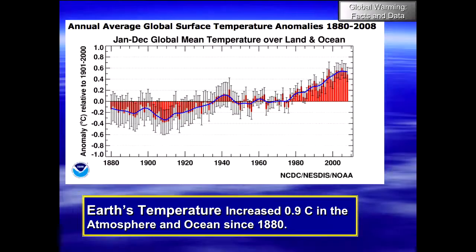It goes up and down, and rising a little more, and rising some more, and in the last 30 years has risen quite a bit. And you can see that by comparing today to the 1800s, we're up about 0.9 degrees Celsius. I guess that's something like 1.7 degrees Fahrenheit. The Earth is warmer now by a degree Celsius than it was.